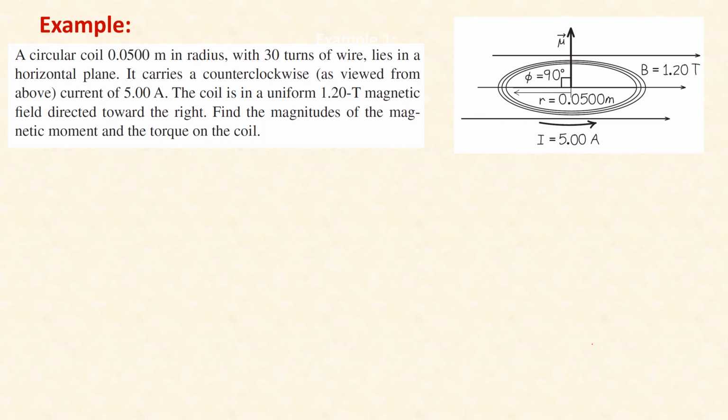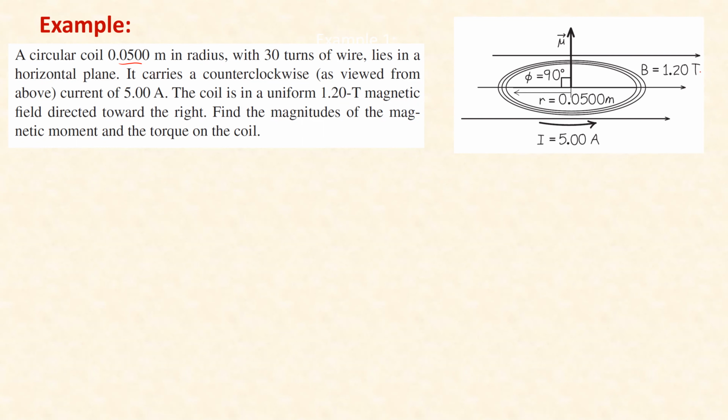All right. A circular coil, 5 centimeter in radius with 30 turns of wire, lies in a horizontal plane. It carries a counterclockwise, as viewed from above, current of 5 amps. The coil is in a uniform magnetic field of 1.2 Tesla, directed toward the right.